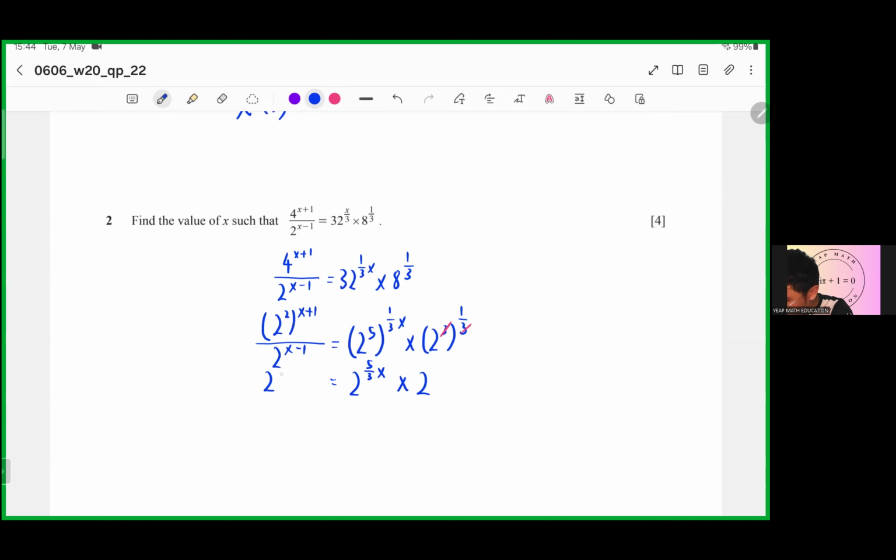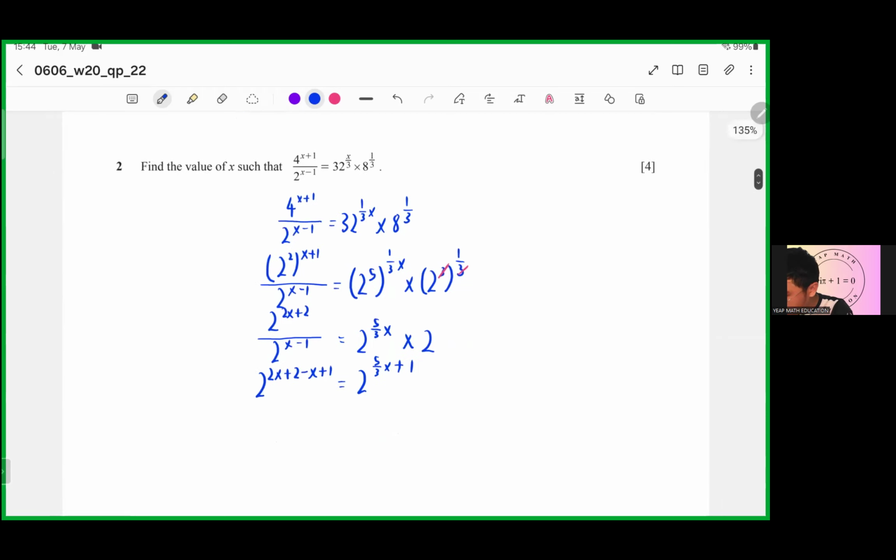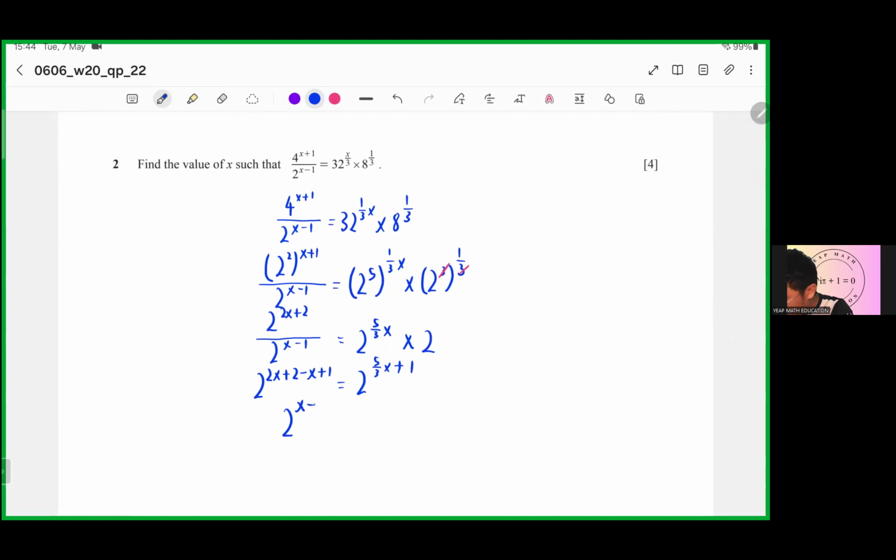From here I got 2(x+2)/(x+1), so I can write 2x + 2 − x + 1 equals 5/(3x) + 1. Finally I can get x + 3 equals 5/(3x) + 1.